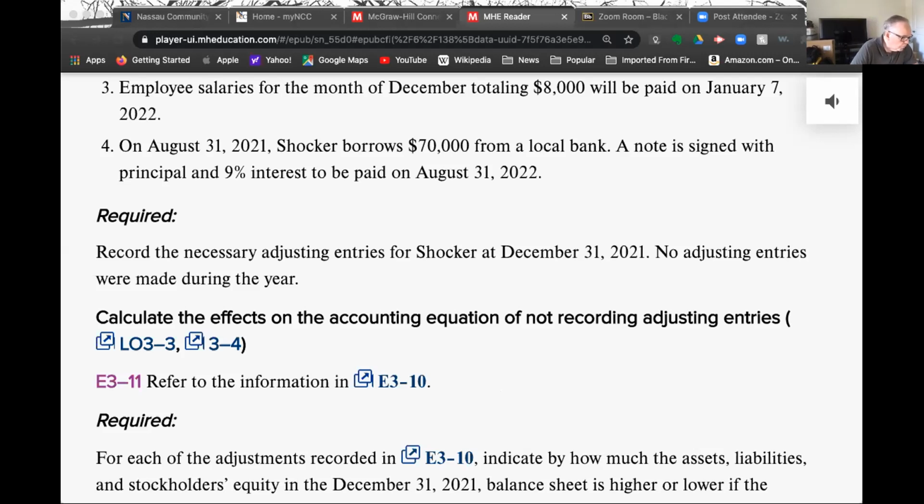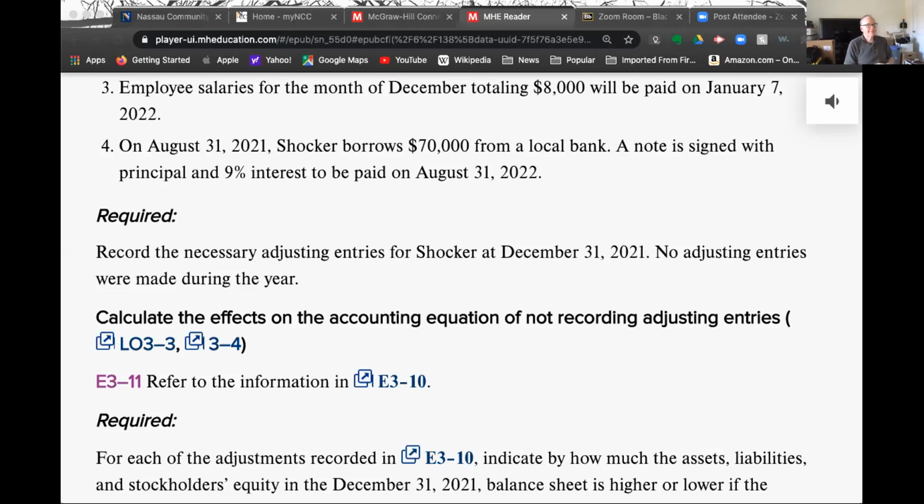On October 1st, 2021, Hurricane lends, like a bank does, $9,000 to another company. The other company signs a note indicating principal and 12% interest will be paid on September 30th, 2022.